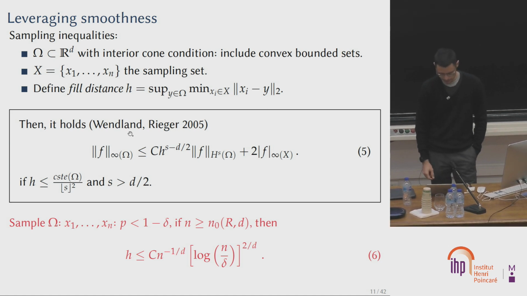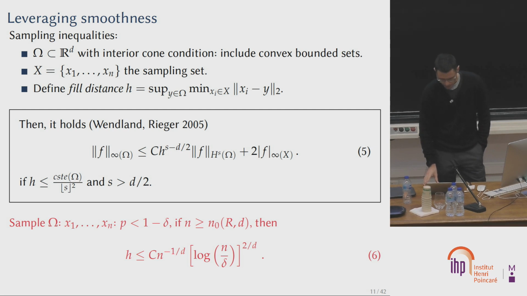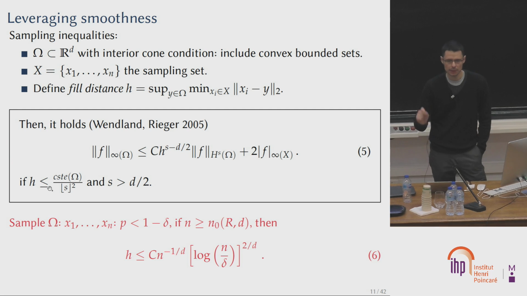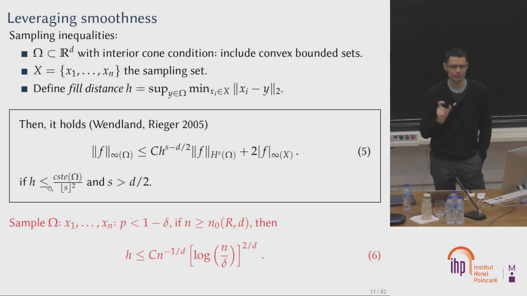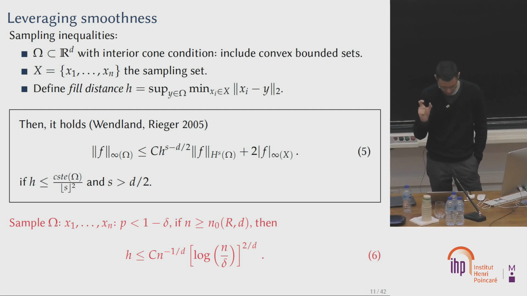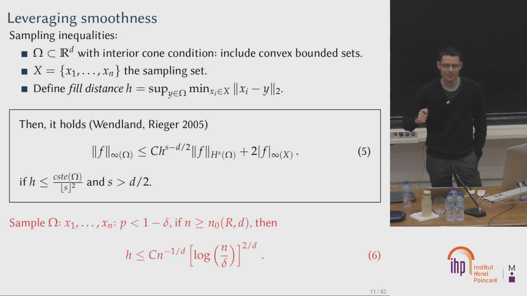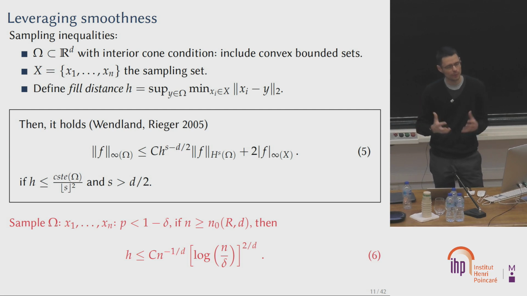And there is still an important point here, is that you need h to be small enough. And the problem here is that in order to make h small enough, you need to have sufficiently many points in X. And so the number of points you actually need behaves exponentially badly in the dimension.